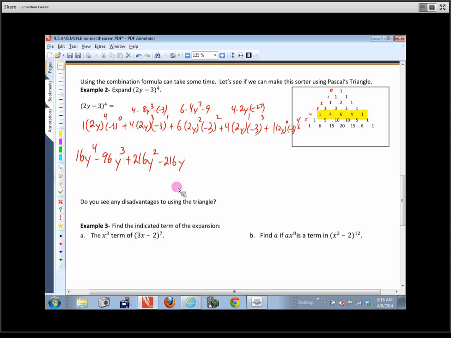And what's the last one? A 1, that's a 1, and then we've got negative 3 raised to the fourth, so that's going to be a positive 81. Okay.